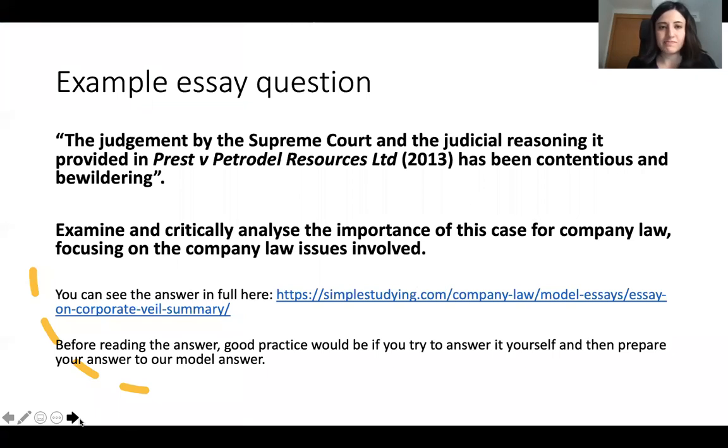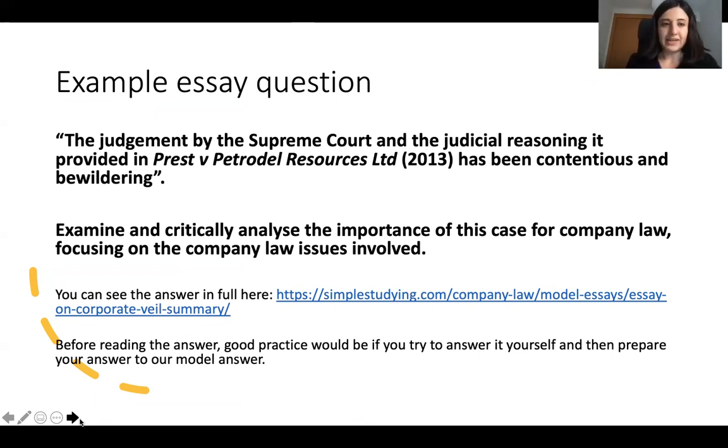Example essay question. Very often this topic comes as an essay question, and this can be the kind of question that you get on this topic. The judgment by the Supreme Court and the judicial reasoning provided in Prest versus Petrodel has been contentious and bewildering. You have to examine and critically analyze the importance of this case.